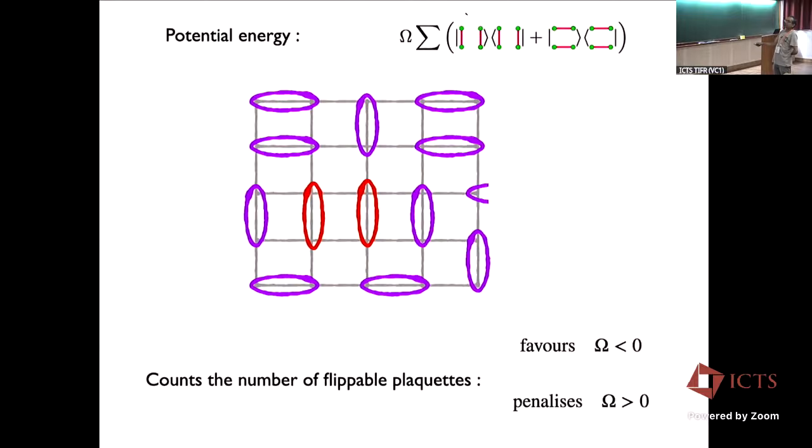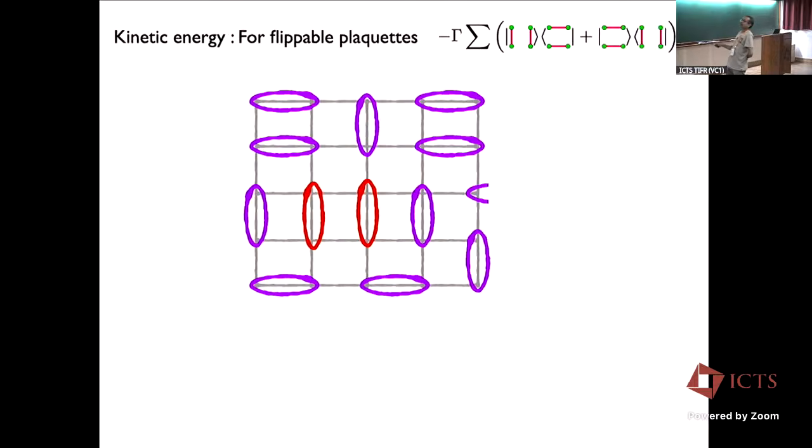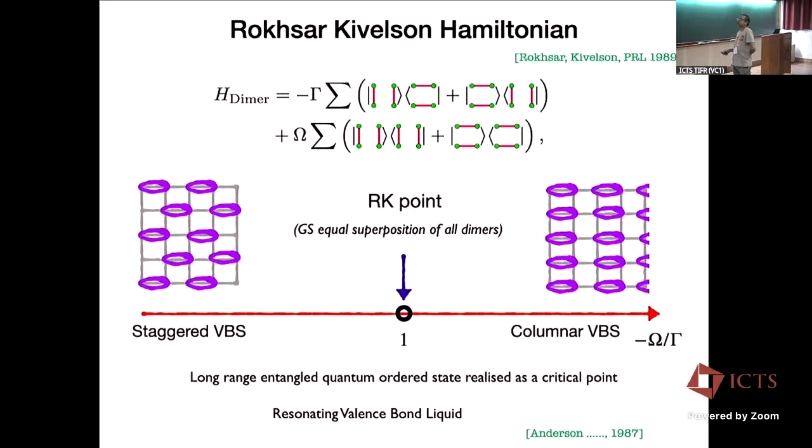If this number is negative, it favors having 2 dimers in a plaquette, and it penalizes 2 dimers if this number is positive. On the other hand, the kinetic energy basically leads to this kind of flipping back and forth for these dimers, and that's essentially the dimer dynamics.